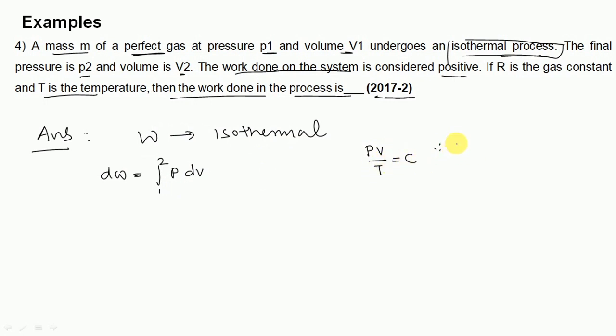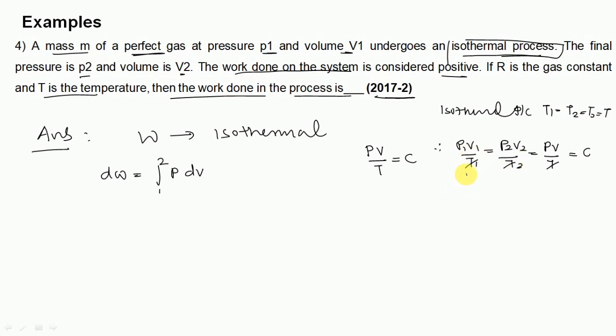So we can write P1 V1 upon T1 equals P2 V2 upon T2 equals PV upon T equals constant. So this is the PVT relation, but here T1, T2 and T are constant. For the isothermal process, we know T1 equals T2 equals T3 equals T. Okay, so that's why I write over here.